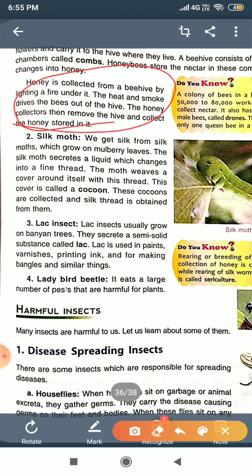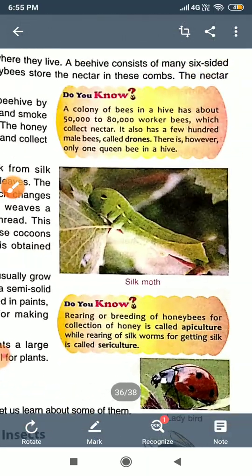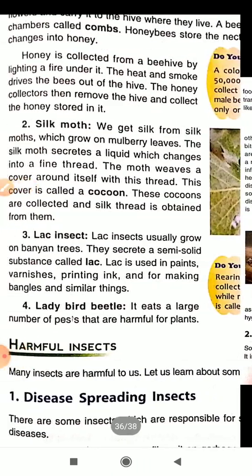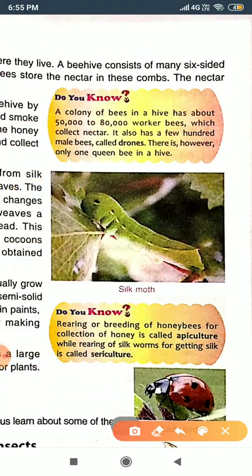Okay. Now see, one very important thing is the colony. See this. Do you know, this is very important, and everyone will see this in your book. You see the book, and that is written in your book. A colony of bees in a hive has about 50,000 to 80,000 worker bees, which collect nectar.